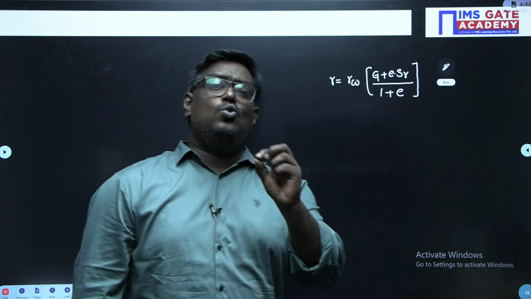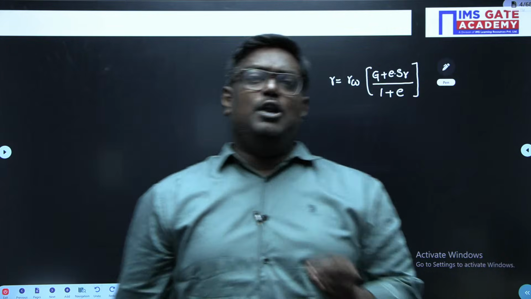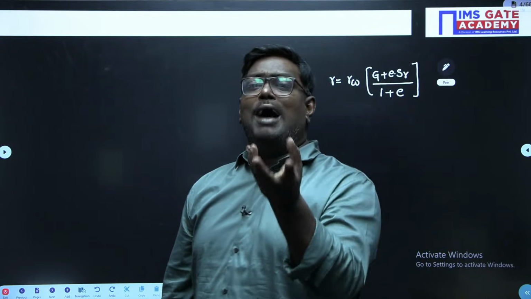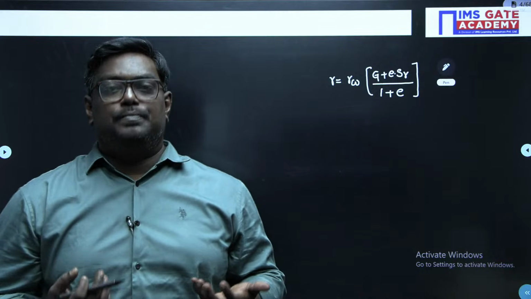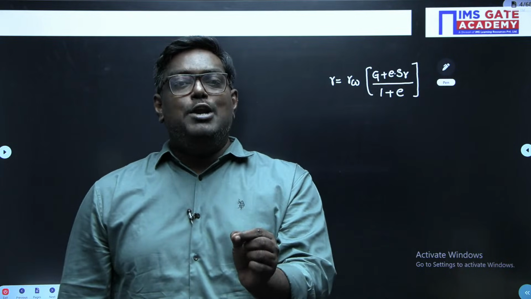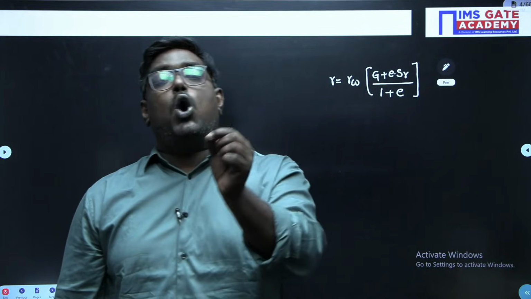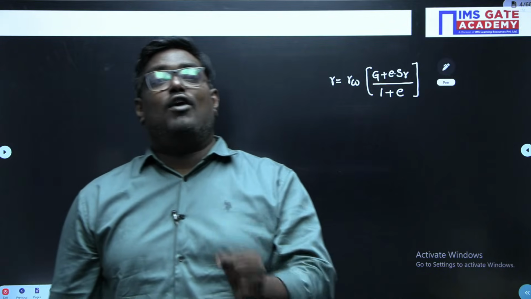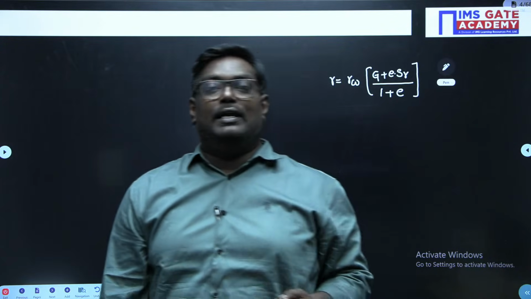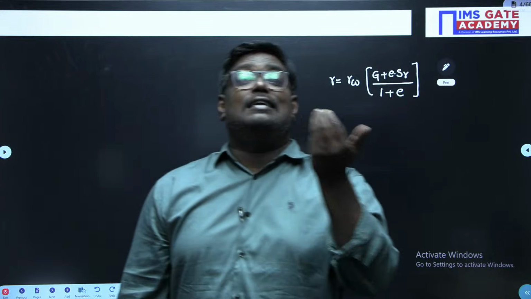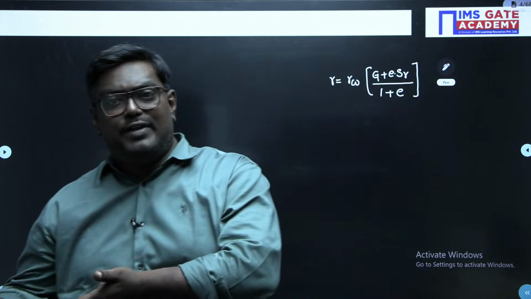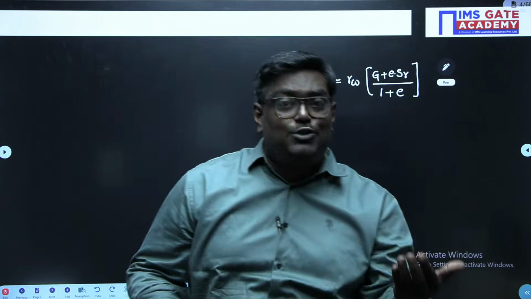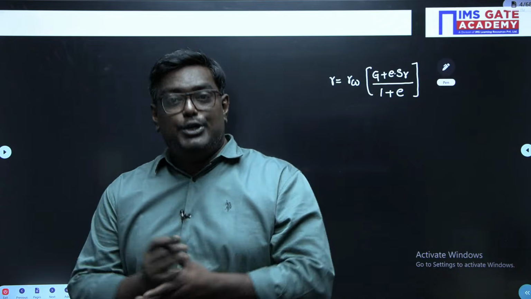So, there are two conditions. Let me tell you, my dear students, people have this confusion. Sir, when I tell you saturated unit weight or dry unit weight, first of all, it is nothing but bulk unit weight. So, the bulk unit weight in dry state, we call it as dry unit weight. The bulk unit weight in saturated state is called saturated unit weight.